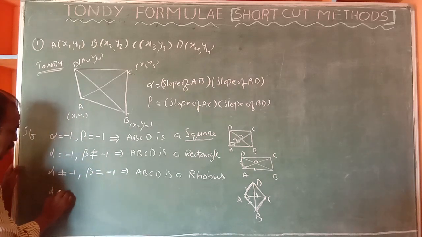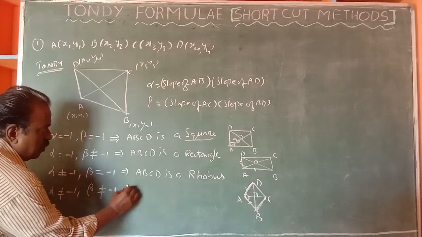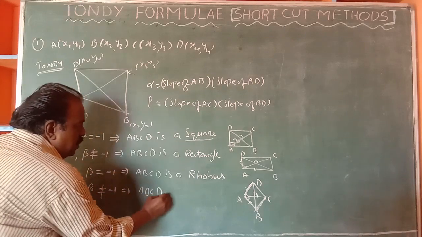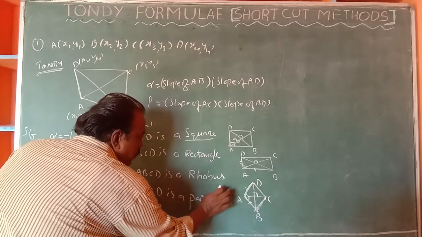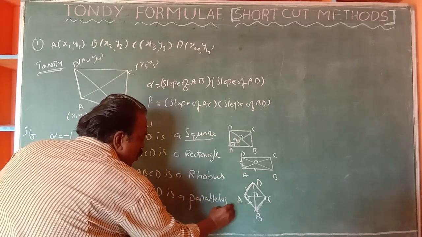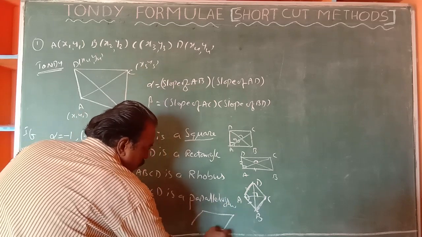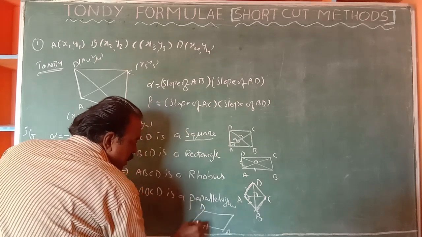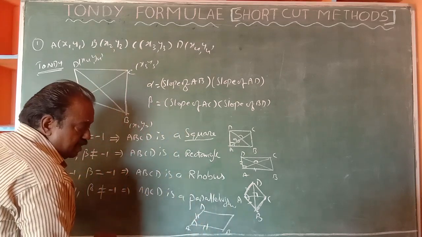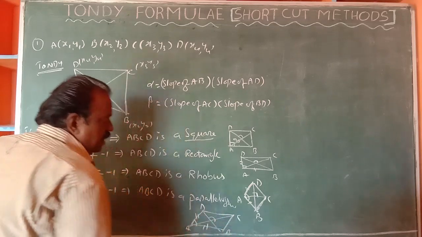Again, if alpha is not equal to minus 1 and beta is also not equal to minus 1, then ABCD is a parallelogram. That means the adjacent sides are not at right angles and the diagonals are also not at right angles.